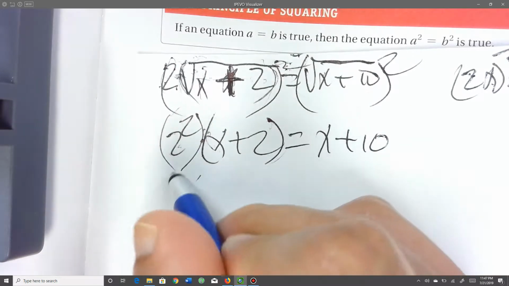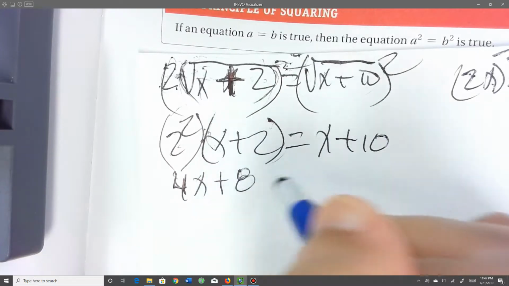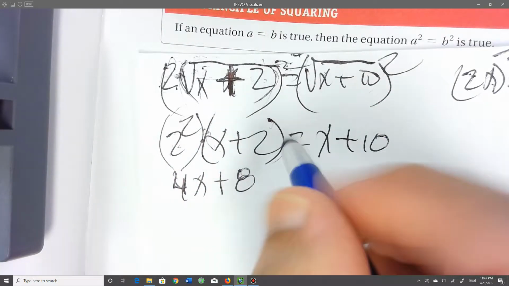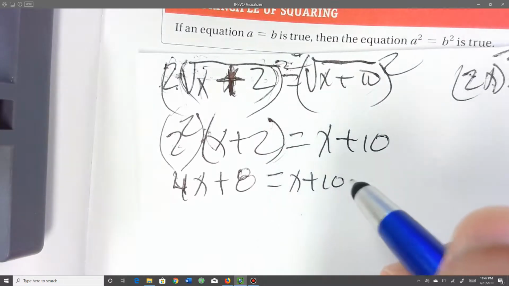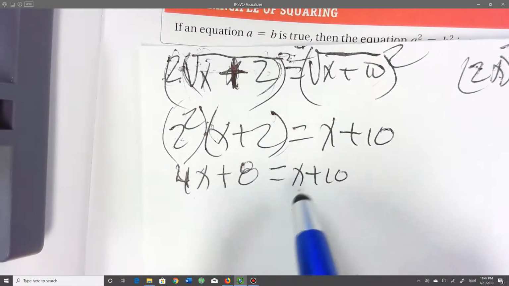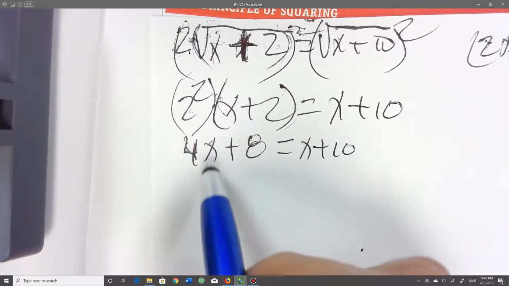So that's 4x plus 8. 4 times 2 is 8. Rewrite the right side, and then just continue using the rules for math.